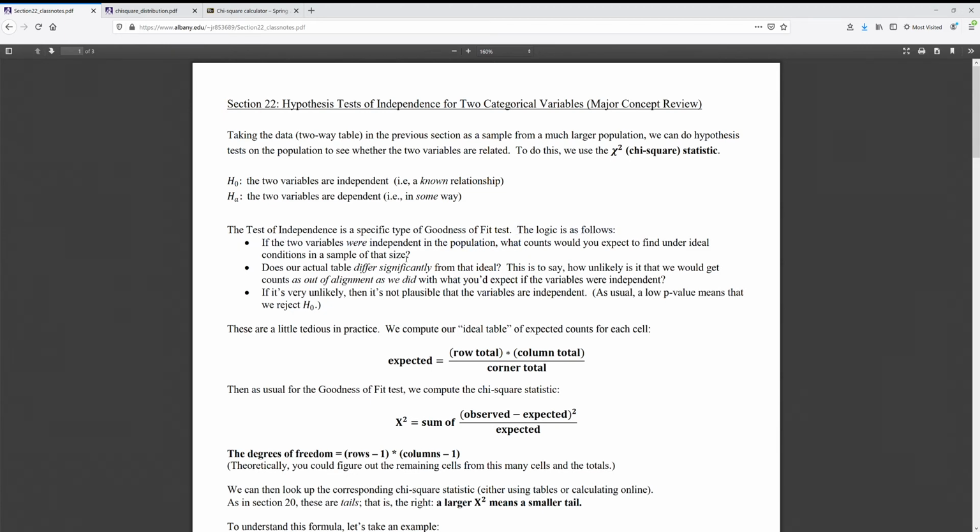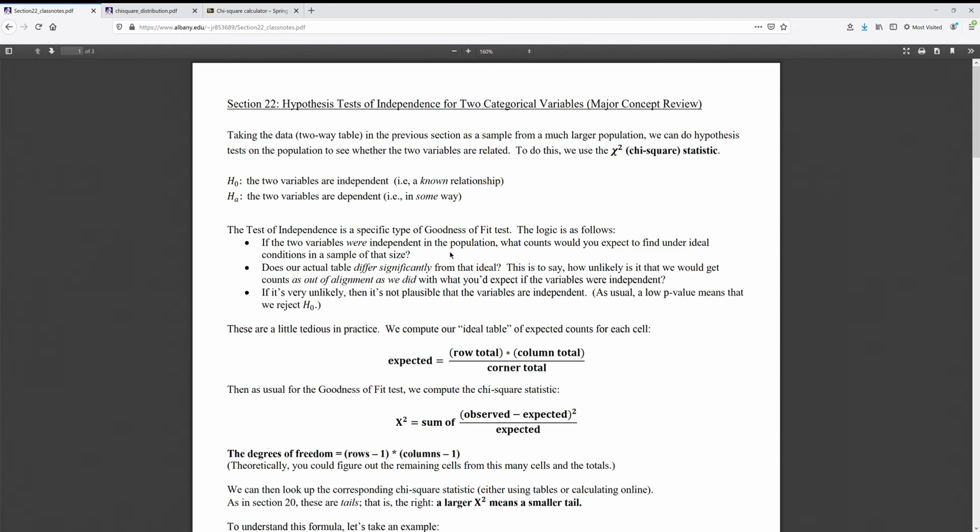If the two variables were independent in the population, what counts would you expect under ideal conditions in a sample of that size? Example, let's say that 10%, for the sake of argument, let's say that 10% of people are left-handed, 90% of people are right-handed, and that whether you're male or female has absolutely nothing to do with that, independence.